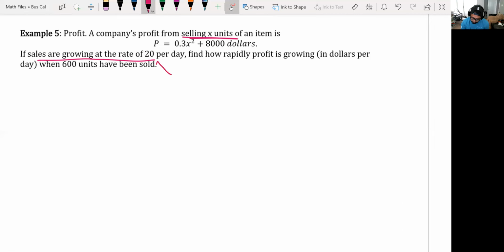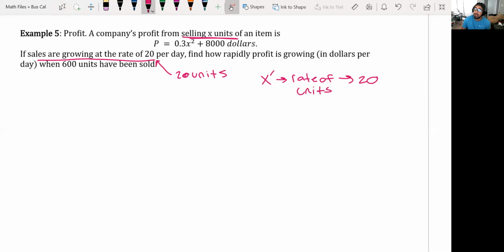So selling X units of an item, and it says sales are growing at a rate of 20, this should say 20 units per day. So this means they're already giving us X prime. X prime is the rate of units, and that is 20.